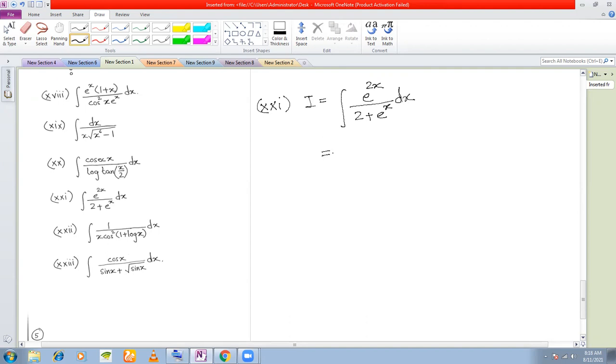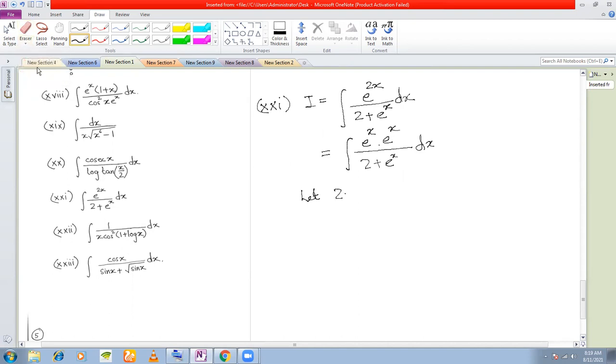So you know that the derivative of 2 plus e to the power of x is e to the power of x. But in the numerator, you have e to the power of 2x, right? So what you do is you break the numerator as e to the power of x into e to the power of x, divided by 2 plus e to the power of x dx.